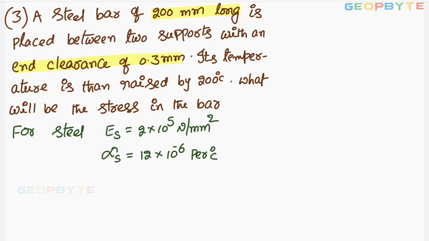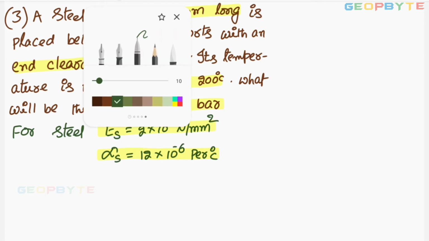Its temperature is then raised by 200 degrees centigrade. What will be the stress in the bar? Young's modulus for steel and coefficient of linear expansion for steel are given. It is an easy but important problem. This kind of problems are frequently asked in the exam.